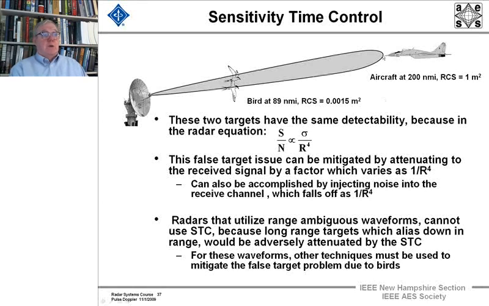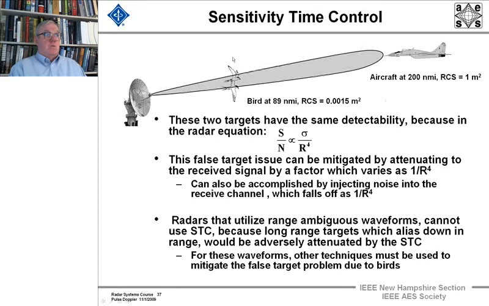Because the signal to noise is proportional to the cross section of the target and to 1 over R to the fourth, the range to the target, a radar which can see this aircraft at this distance will also see a bird at 90 nautical miles, which has a cross-section of 1 point something, and this is not an unreasonable cross-section for a bird or a couple of birds in a cell.